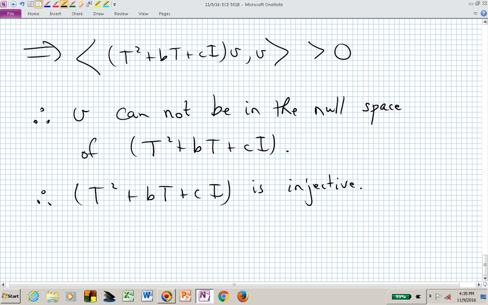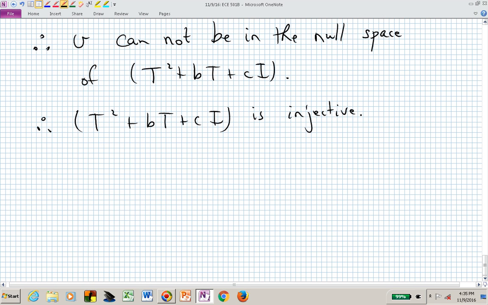So now we've concluded that that map is injective, and it's more than a map, it's an operator. Now we can go back and say we have this equivalence between injective, surjective, and invertible. Now we know that that map is invertible. And that's what we were setting out to prove.